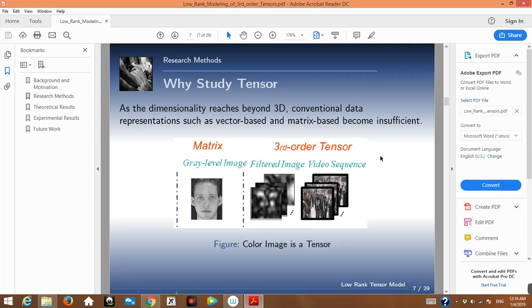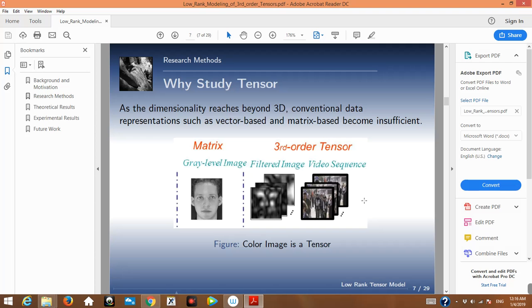But we will lose some information if we do so, because this video sequence has more than three dimensions.